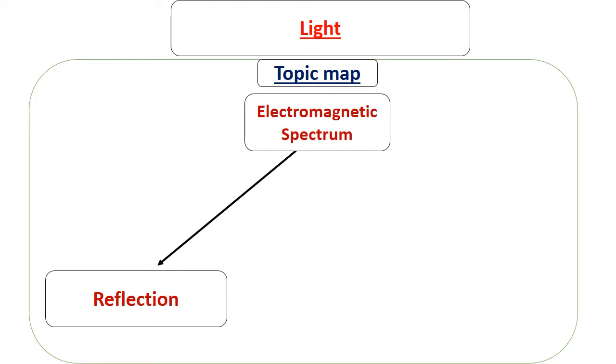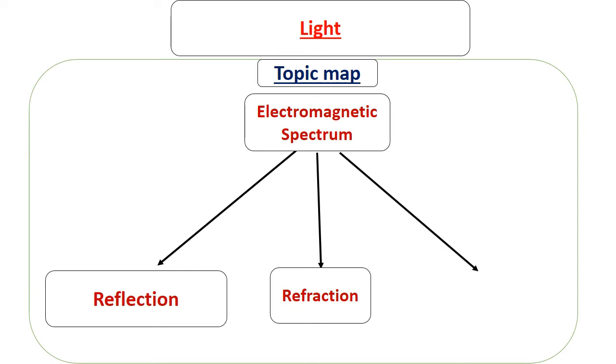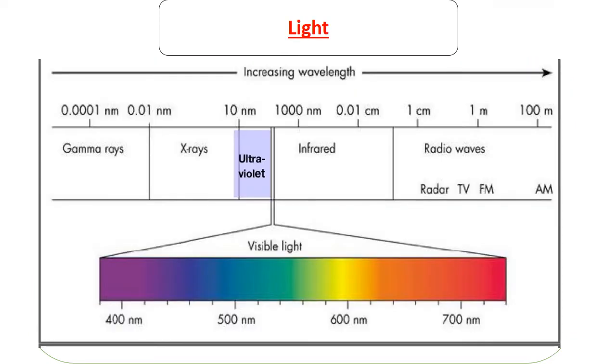In the next video, we'll look at another property of light called refraction. Then we'll end this topic with a third video, which is going to be focused on lenses. With that being said, let's get started.